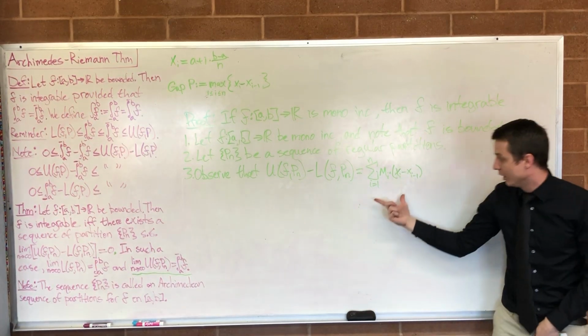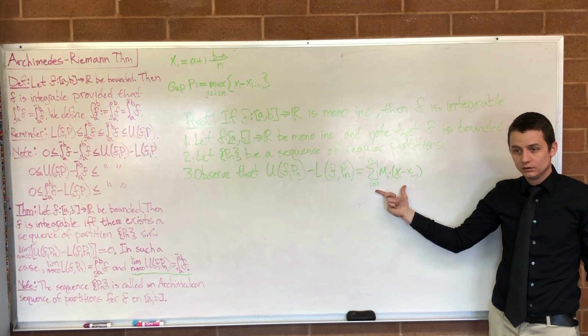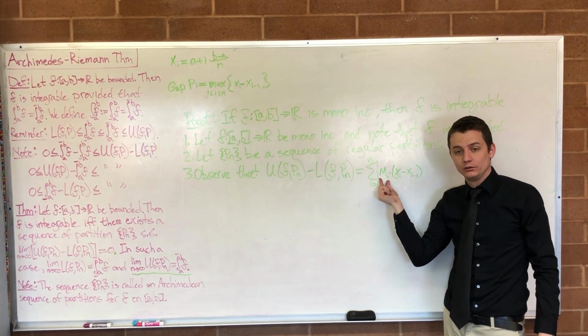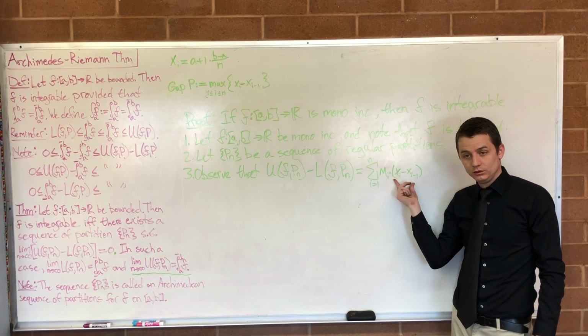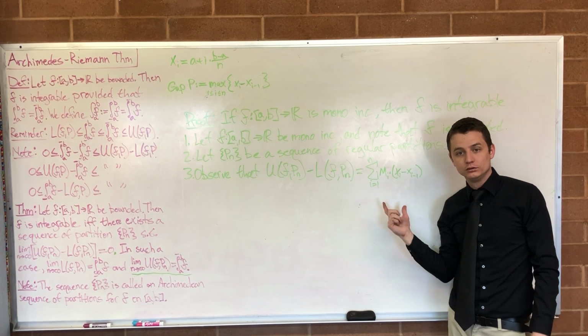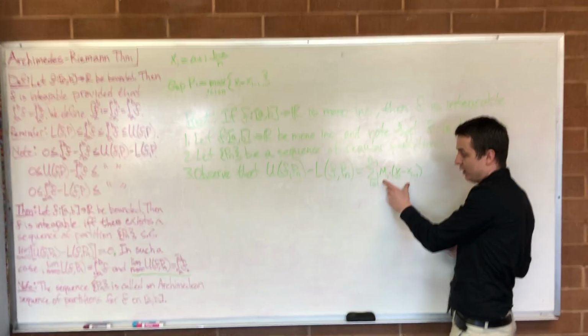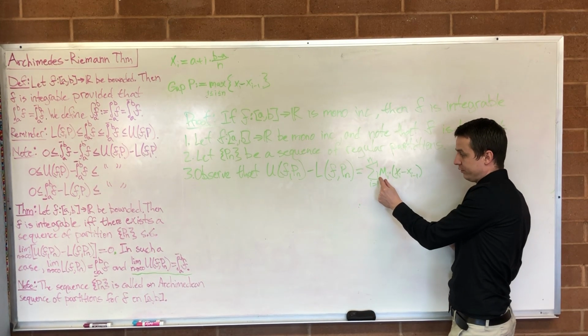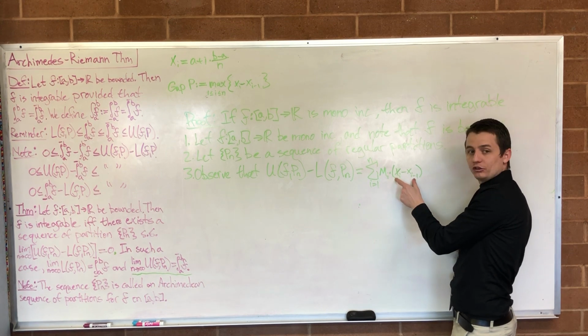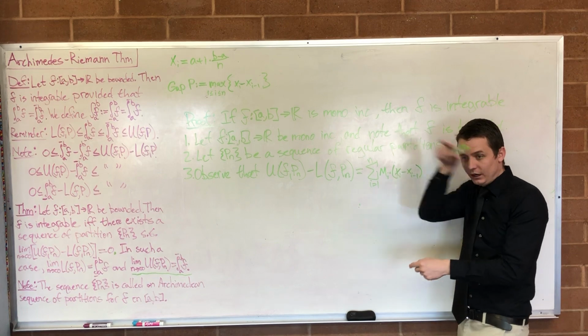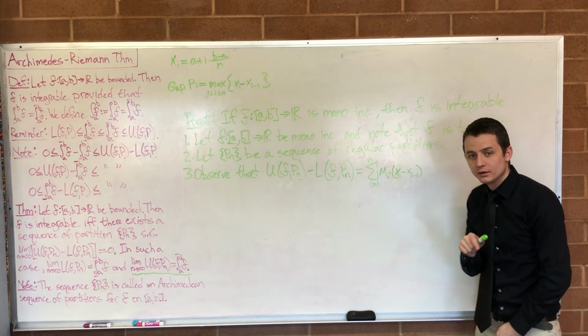My upper Darboux sum by definition is this, right? It's the highest point we reach in an interval times the length of the interval, and we keep doing that for every interval. That's how you calculate the area of one of the rectangles: the height times the width. You with me?